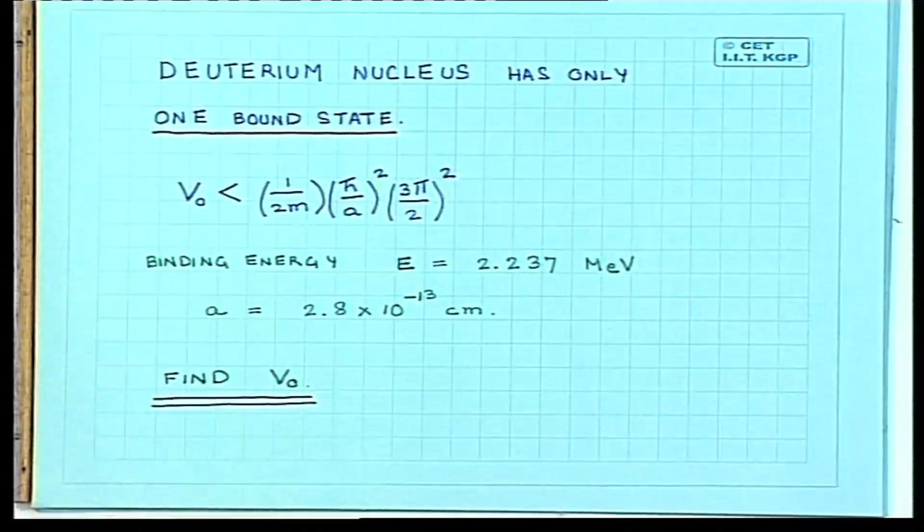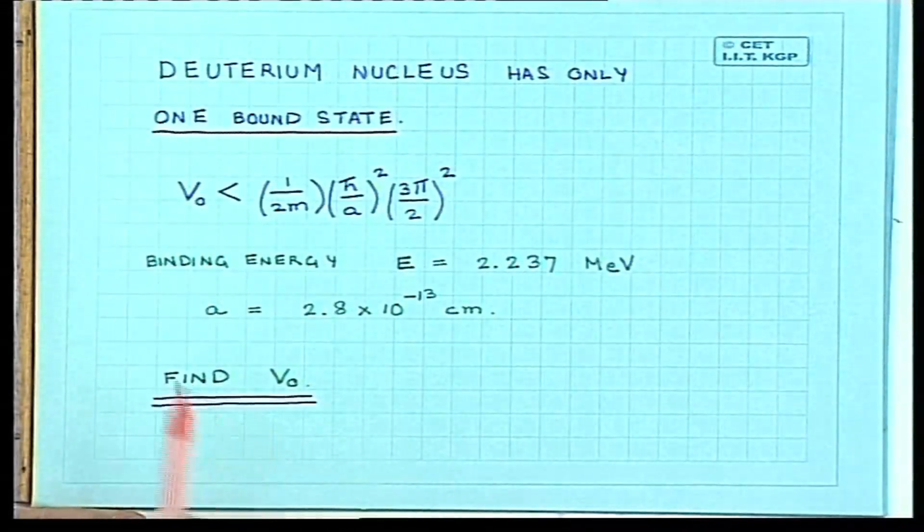Now for the deuterium nucleus, it is found that there is only one bound state. There aren't more than that. So experimentally it is found that the deuterium nucleus has only one bound state. The nucleus has no excited states. So if you try to excite it, it will just break up into the neutron and the proton.